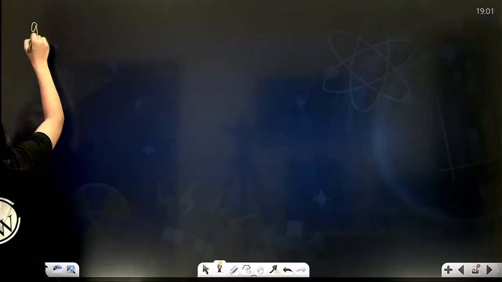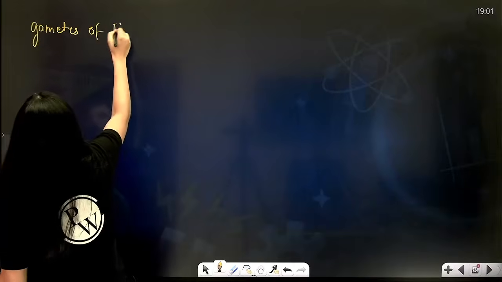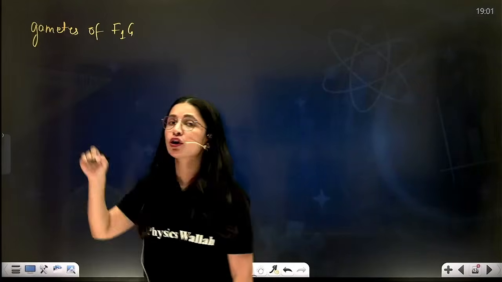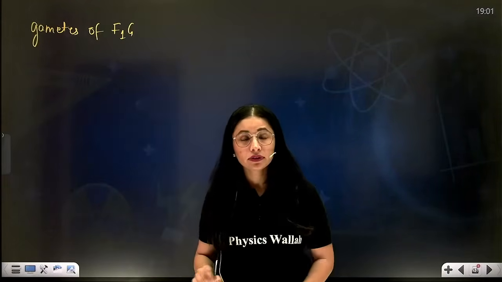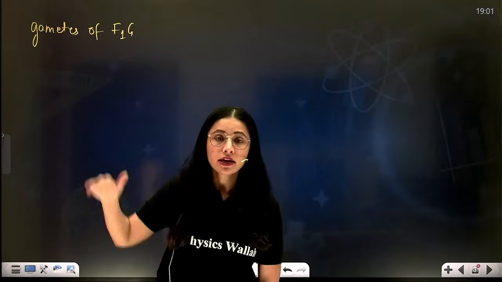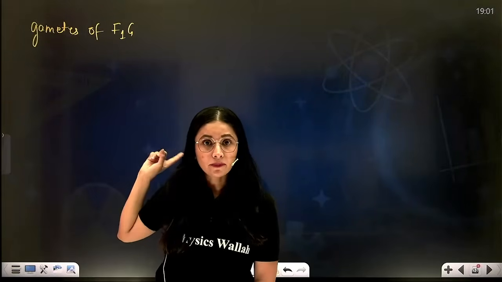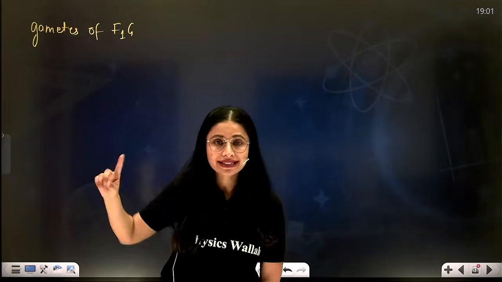So, now, what are the gametes of the first generation? F stands for filial, G stands for generation. We have just started our cross, and we are going to obtain the first set of offspring. The generation we started with is the parents.